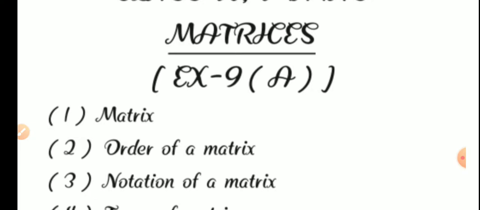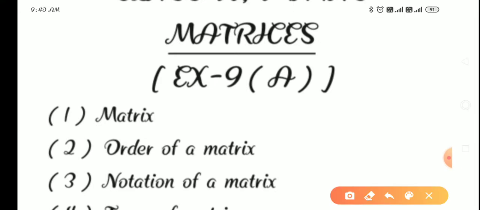What is a matrix? So students, a rectangular arrangement of numbers arranged in rows and columns is called a matrix. For example, 2, 3, 4, 5.